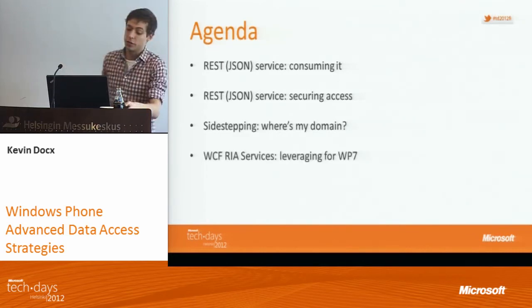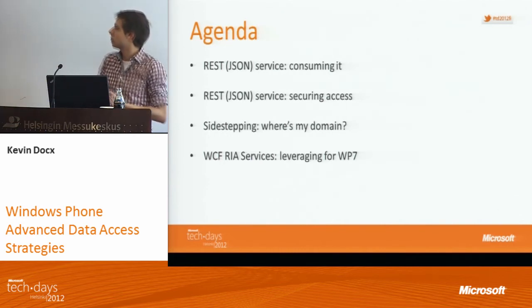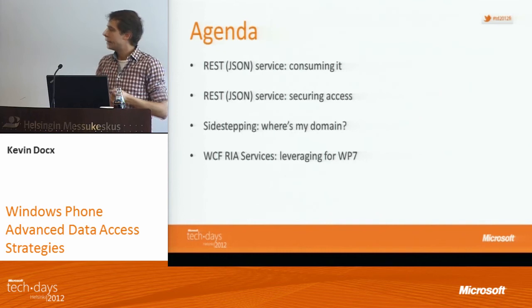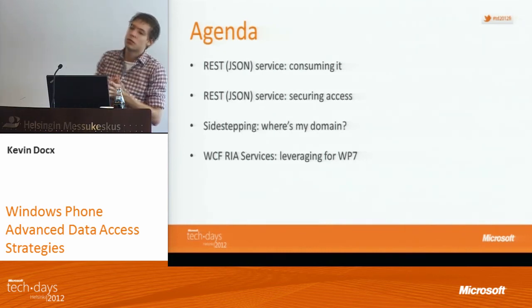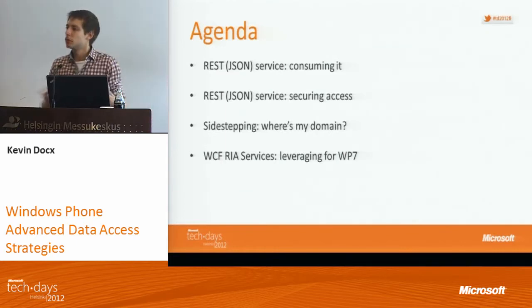Then WCF RIA services. I'm putting this in because a lot of the projects I work on involve people who already have a Silverlight application running. And for Silverlight applications, WCF RIA services is often a logical choice.